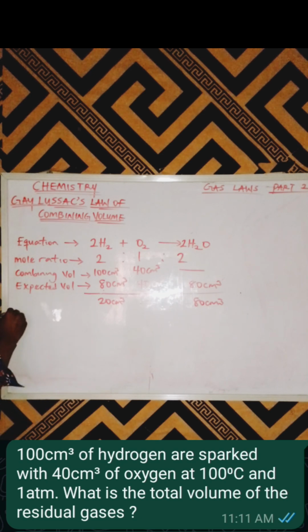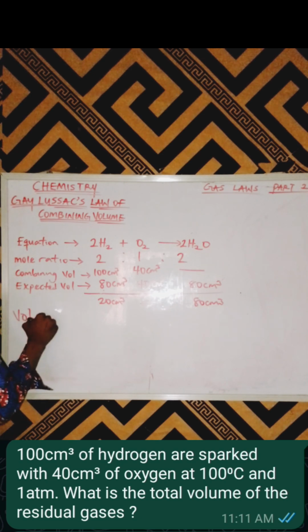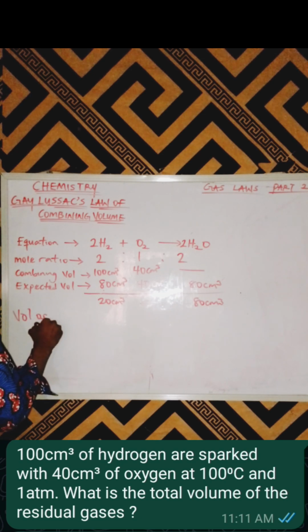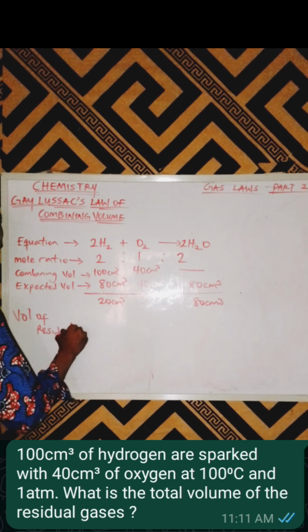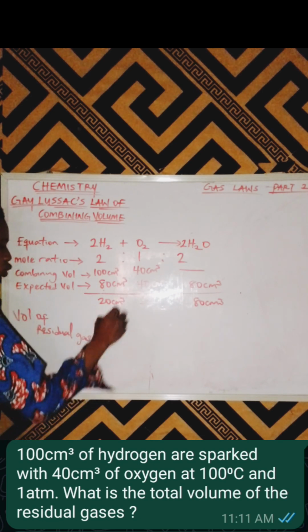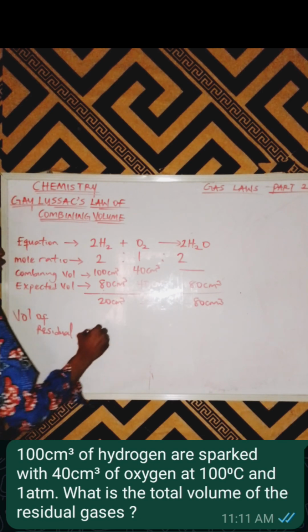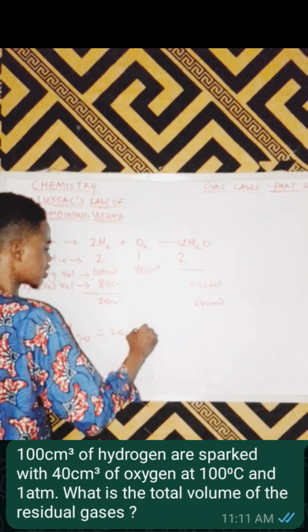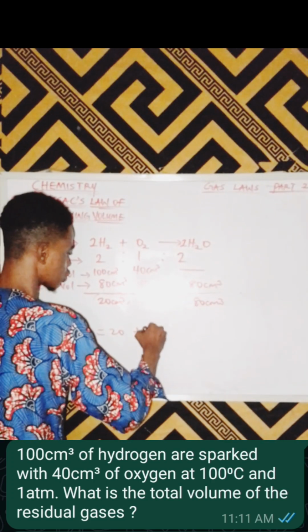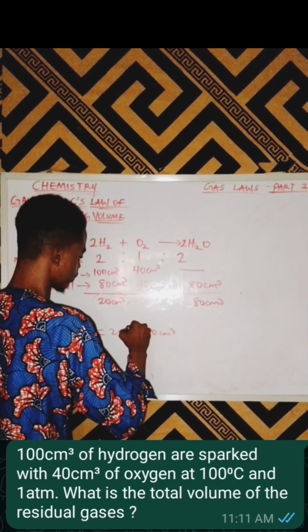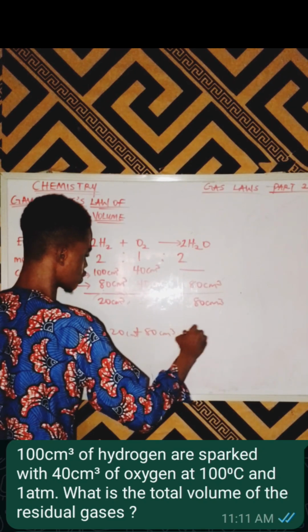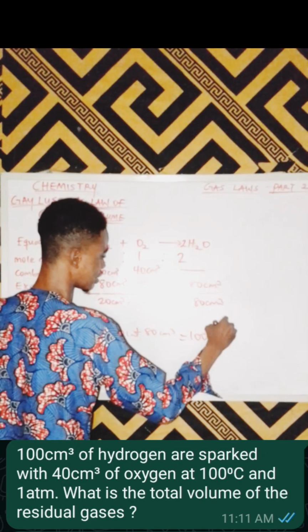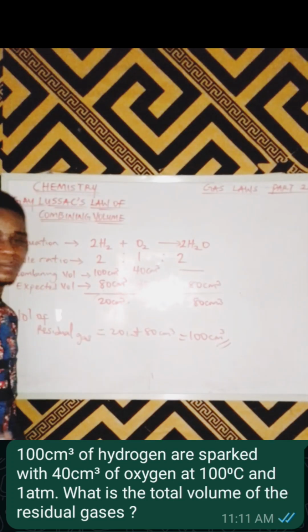So the volume of residual gas is going to be equal to the volume of unreacted plus the volume of the product. That's going to be 100 cm³. I hope this is clear.